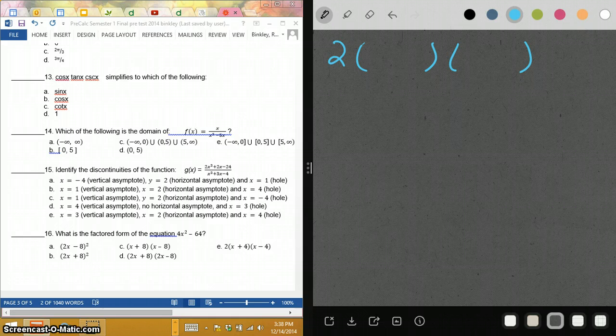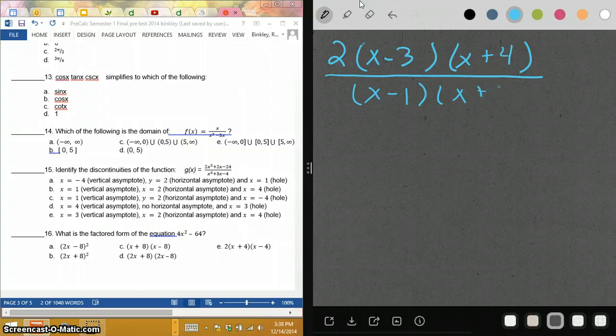If you need to review factoring, you can go back to previous videos or your book. 2 times x minus 3 and x plus 4. If you multiply that out, you will get the original equation back, and the denominator is x minus 1 times x plus 4.